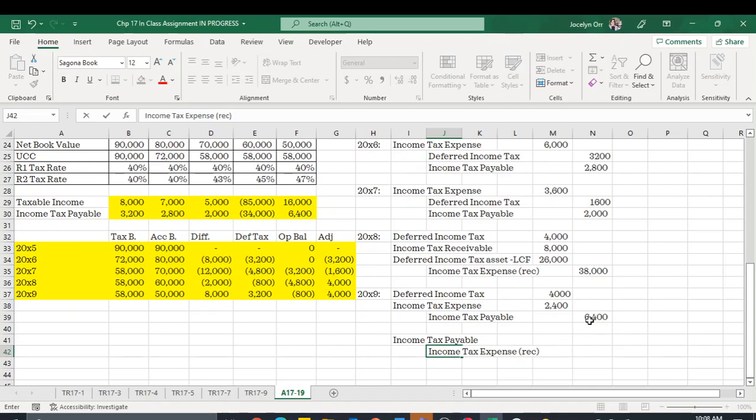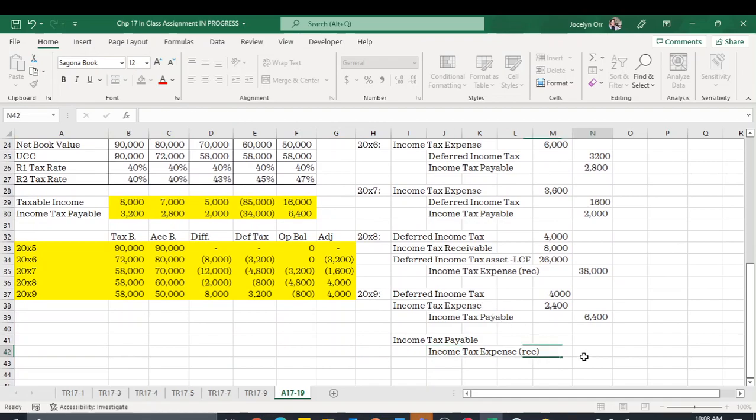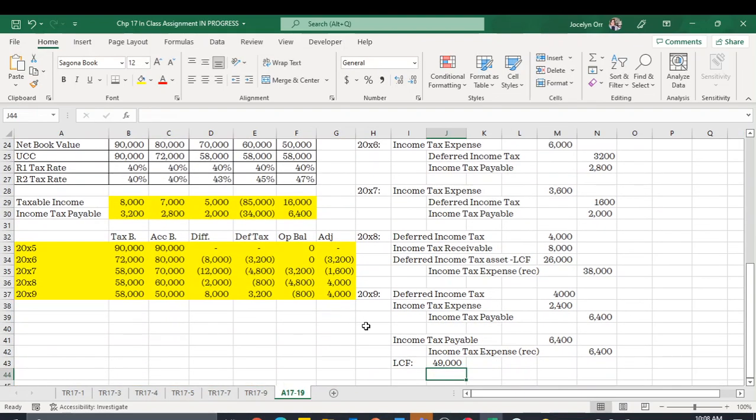And that's going to be for the full $6,400 that I would pay out as a result, because I know that I have more in my loss carry forward than my taxable income for that year, so I am going to be able to recover all of it. And my loss carry forward now at this point, $65,000 minus the 16 that was used means I have a carry forward of $49,000.